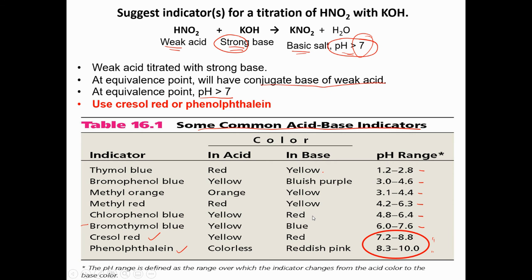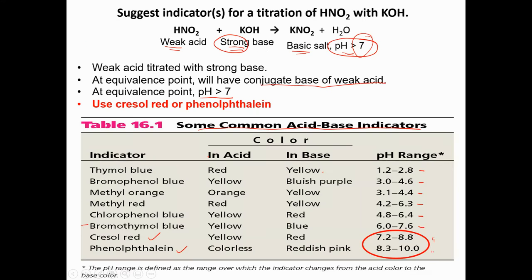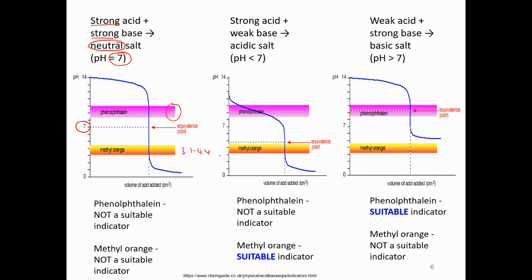How about methyl orange? Methyl orange is from 3.1 to 4.4. Maybe I write it here: methyl orange 3.1 to 4.4, and phenolphthalein 8.3 to 10. If you use methyl orange, after pH 4.4 it will remain yellow, with no more change of color.